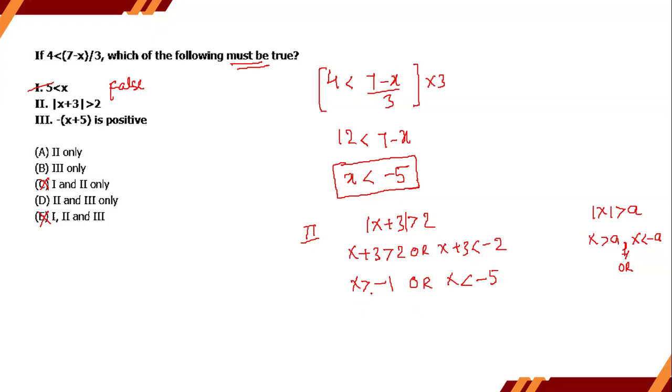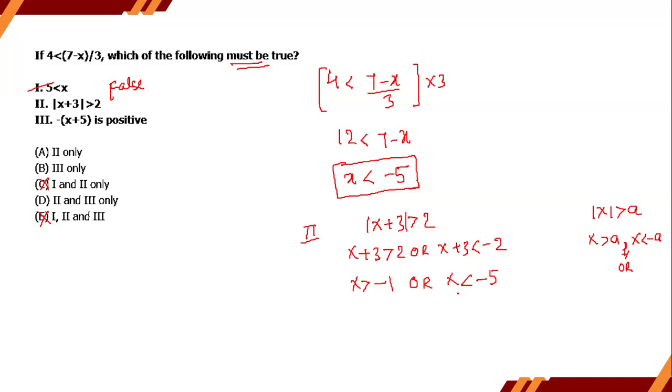So do not get confused because of the solution that x is greater than minus 1, because you need to understand that as per the question, you can take only those values of x which are less than minus 5. And definitely this absolute value inequality will always satisfy that.